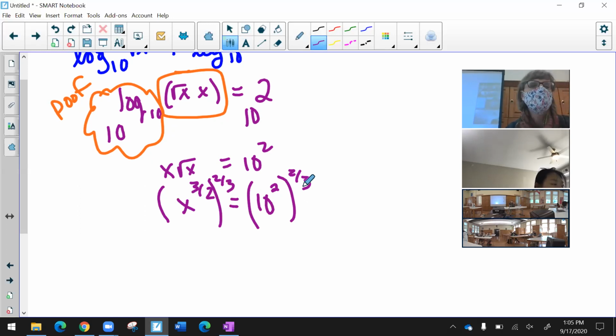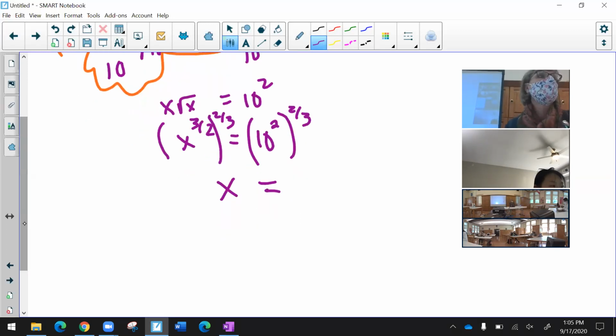What I'm doing is, the inverse operator for something to the 3 halves is something to the 2/3, because those two things are going to undo each other, and I'm going to end up with x on this side, and what am I going to end up with on the other side?